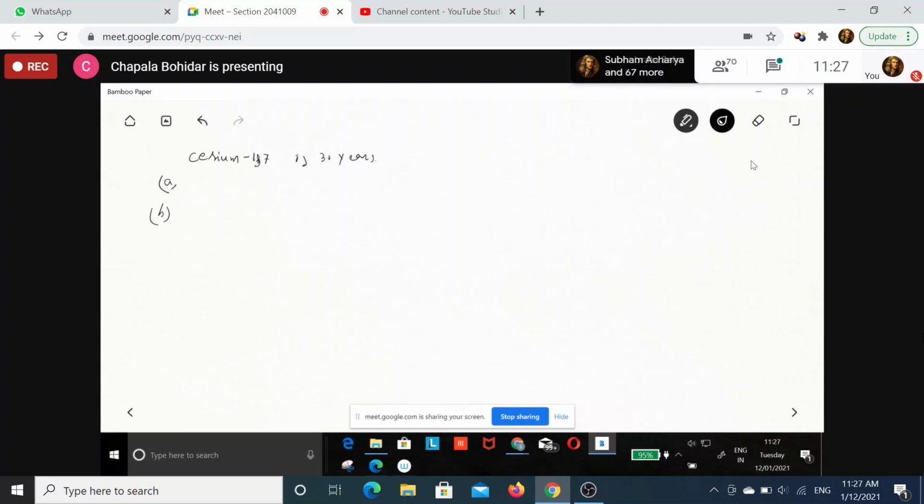Part A: find the mass that remains after t years. B. How much of the sample remains after 100 years? Then C. After how long will only 1 milligram remain?